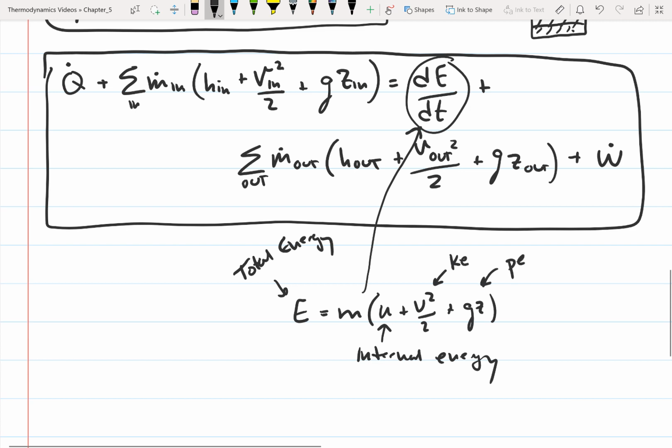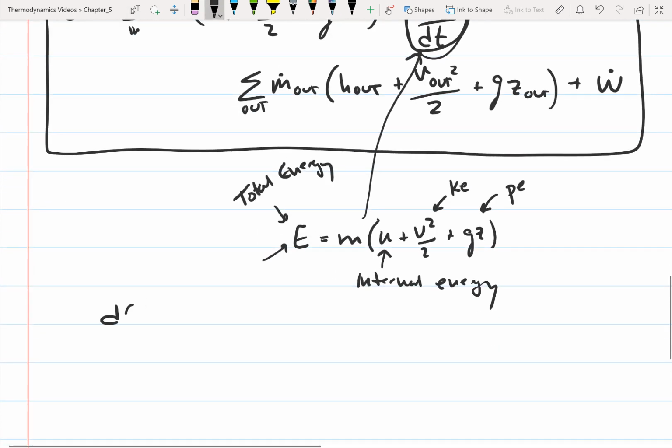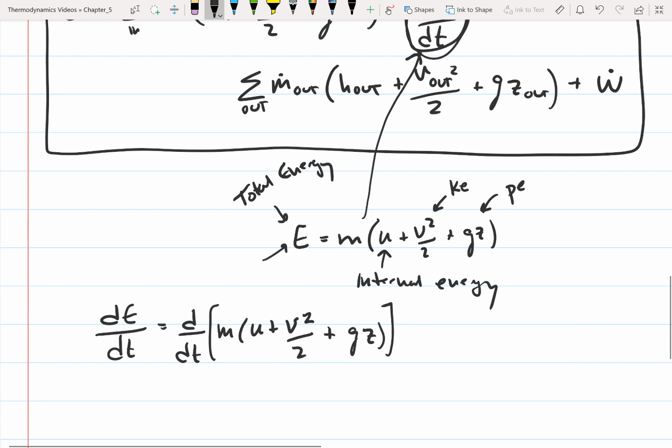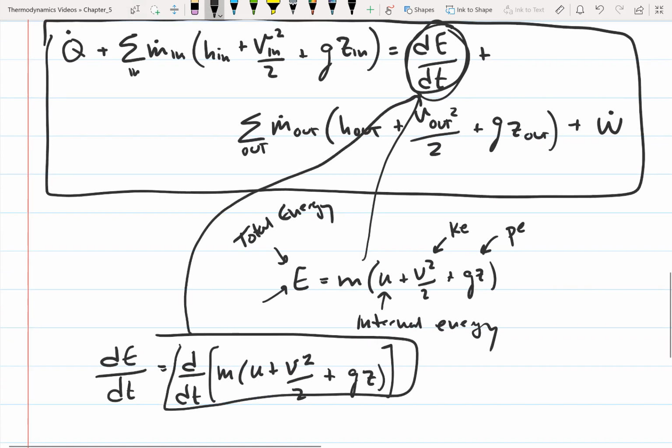We already know that, so we can just differentiate this with time, because that's what we have here. So dE/dt is equal to d/dt of m times u plus v squared over 2 plus gz. Then we can take this and plug it into this equation for that term. I don't think we need to write anything out at this point for any of these other terms.